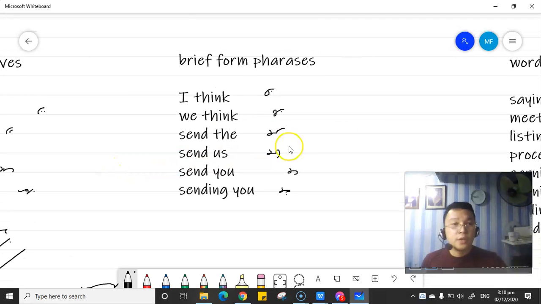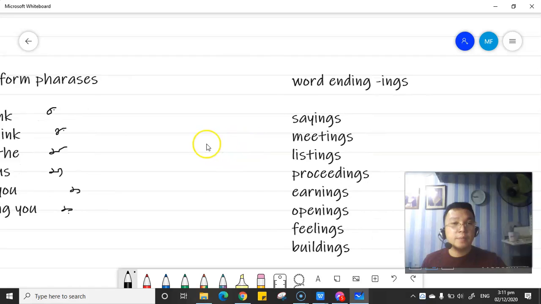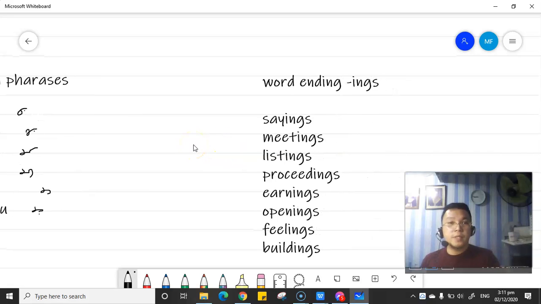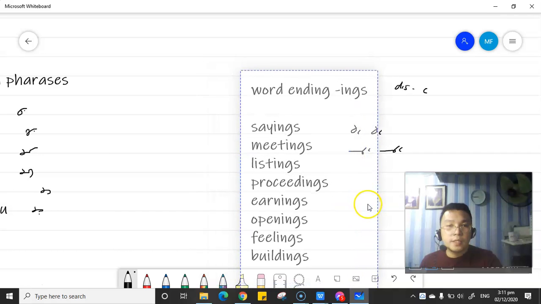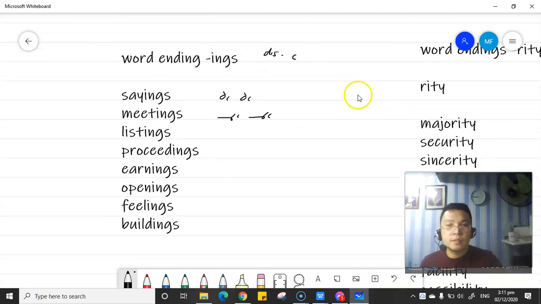Let's go with the word ending ings. Like what I have said, it is represented by a disjoined left S. Okay, so let's have the word sayings, sa-ings. Okay, meetings, met-ings for meetings. Let's have the word listings, class.